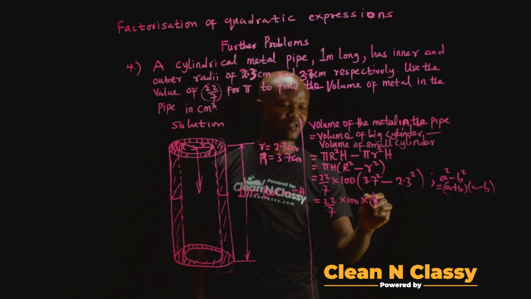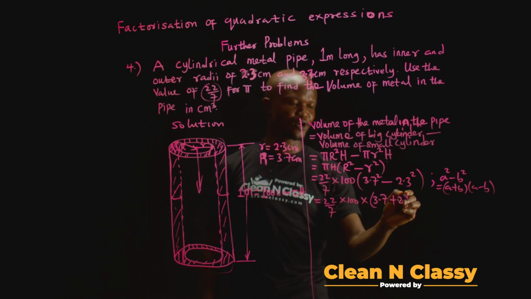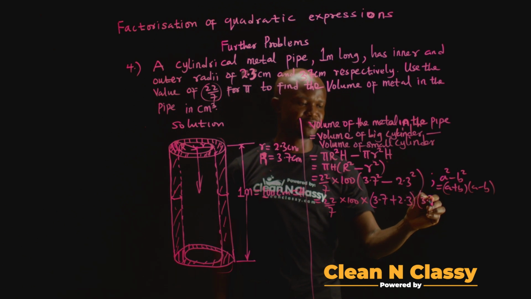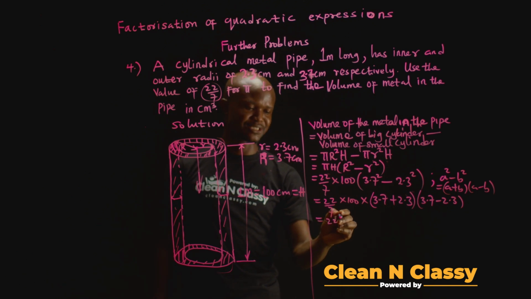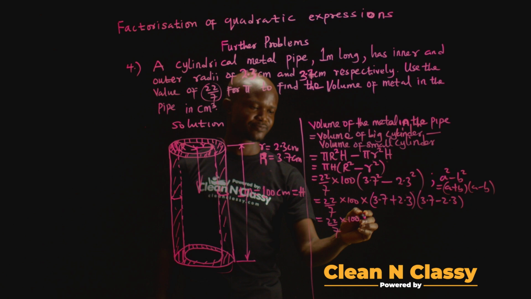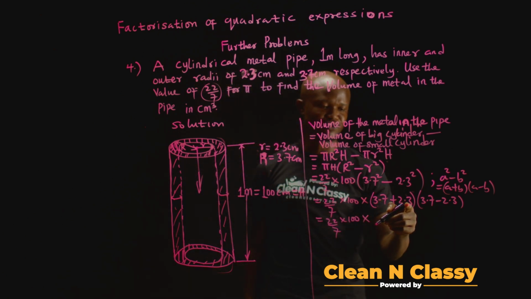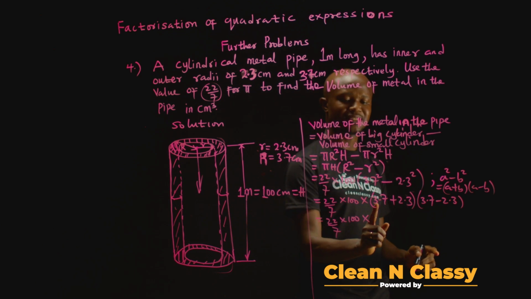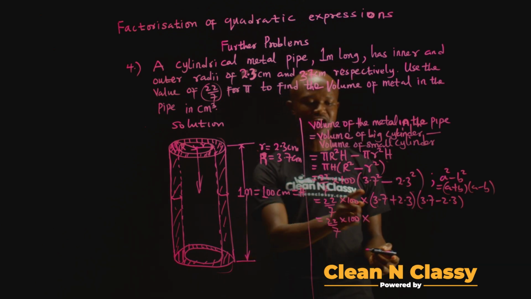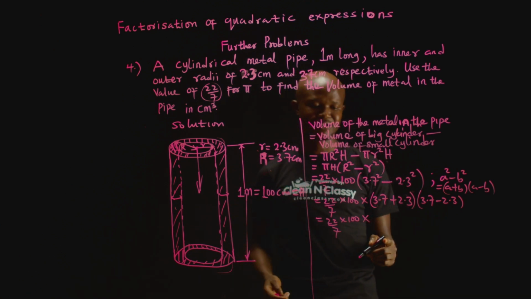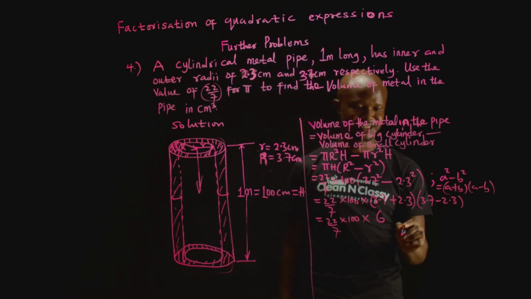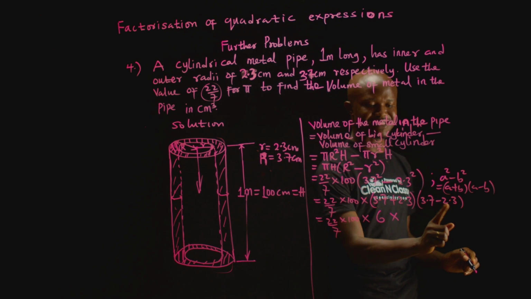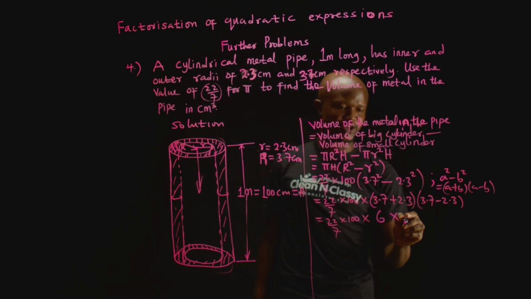So we have 3.7 plus 2.3 into bracket 3.7 minus 2.3. 3.7 plus 2.3 is 6, and 3.7 minus 2.3 will give us 1.4.